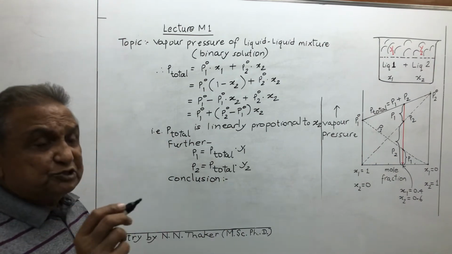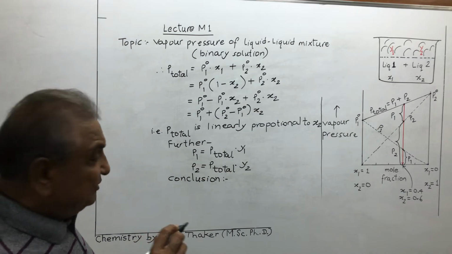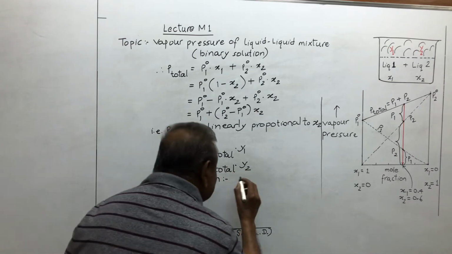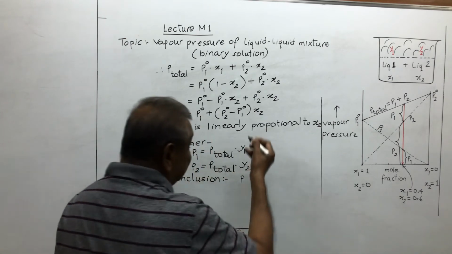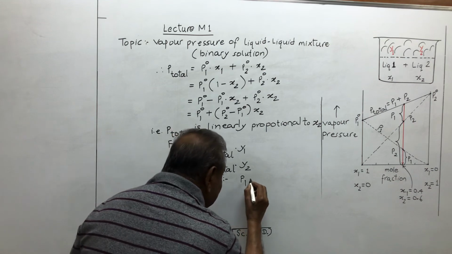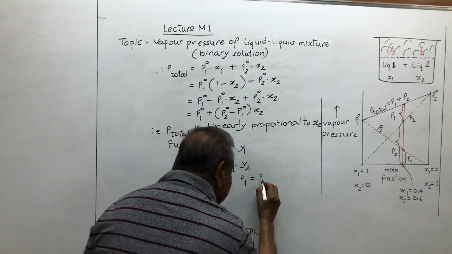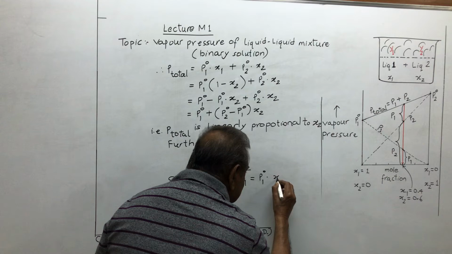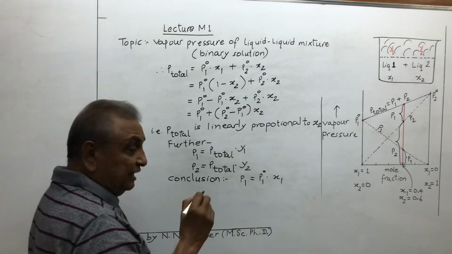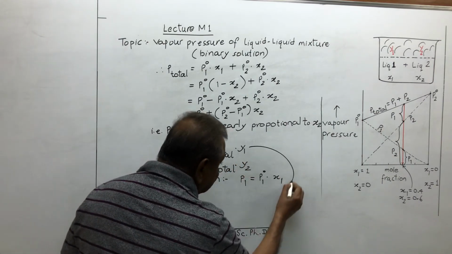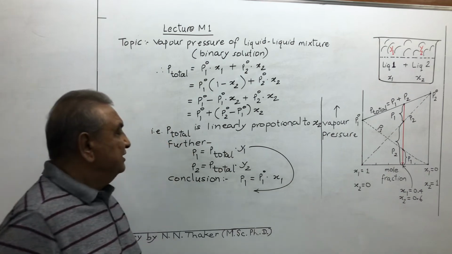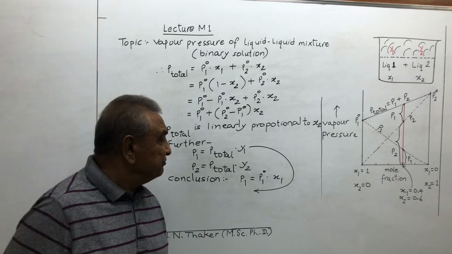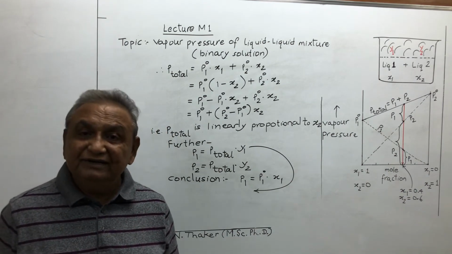We have a very useful relationship from this. Earlier we had written P1 equal to P10 into x1, and now P1 also equal to P total into y1.